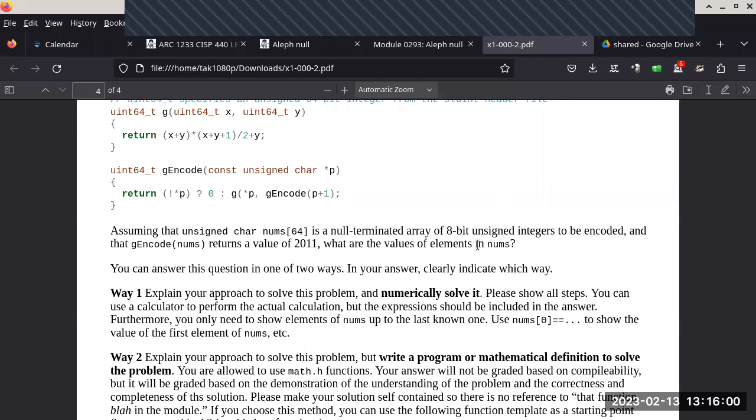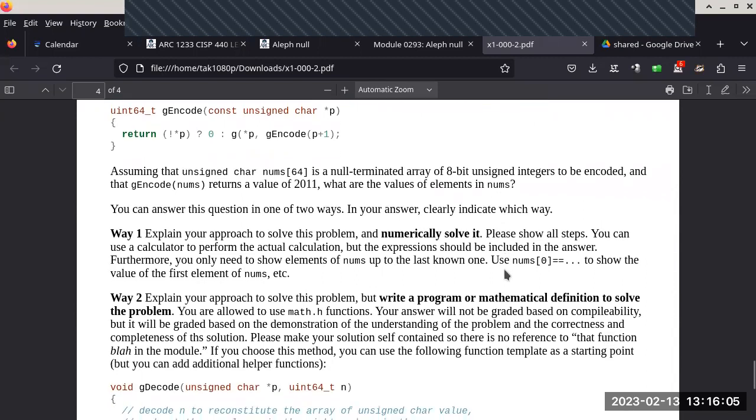The second way is to write a program to do the same thing, to reverse it. Those of you who are very good at coding may choose way two. For those of you who are more hands-on, who know how to do this by hand, you can use way one. Is that okay? Does everybody understand what it's asking and what options you can use to answer this question?